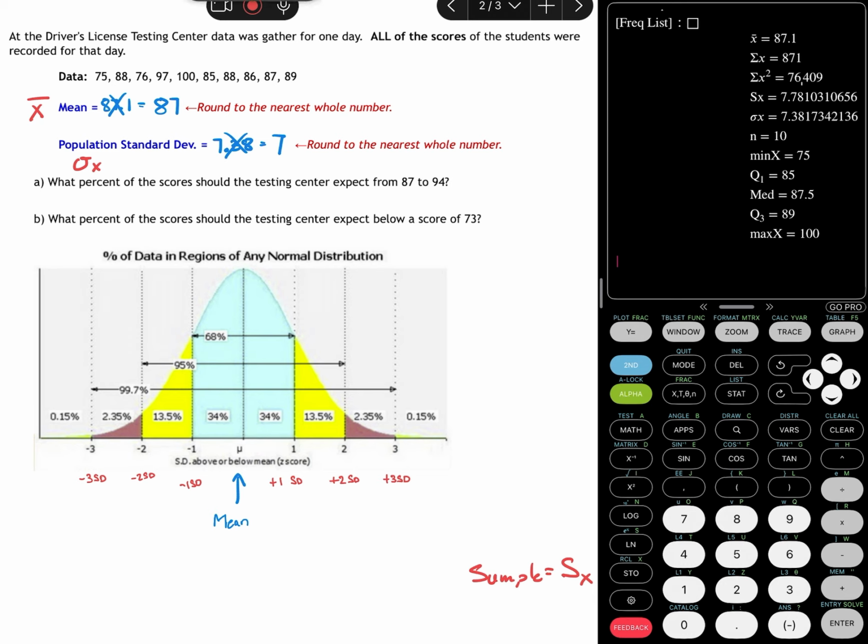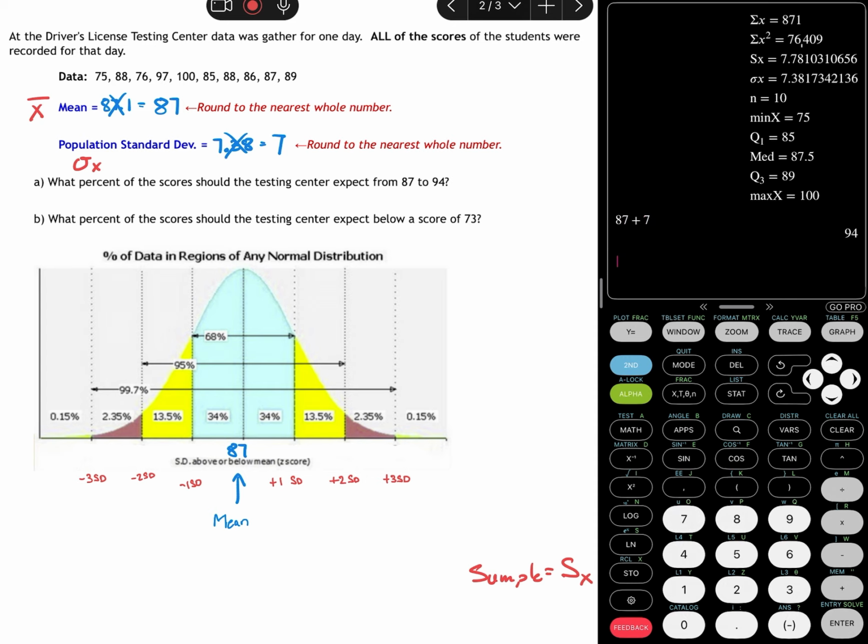So what I like to do is write all these numbers out. I'm going to erase this stuff right here and change it over to use my numbers that I know. So I know that this is 87, and then I'm going to add one standard deviation, because that's how far this distance is going to be, 7 units. If you needed to use a calculator, of course you could.